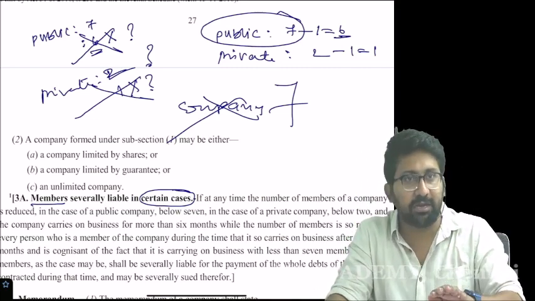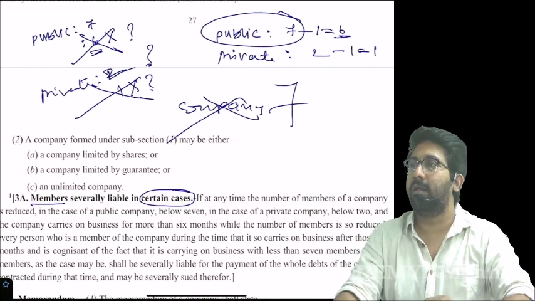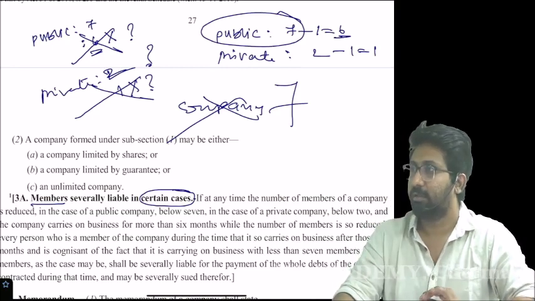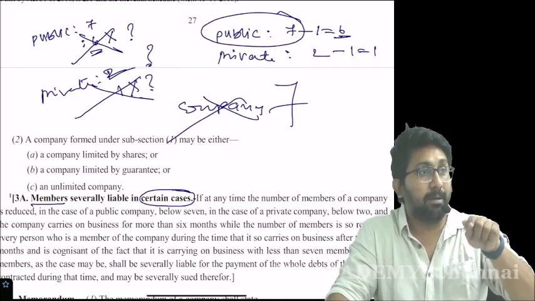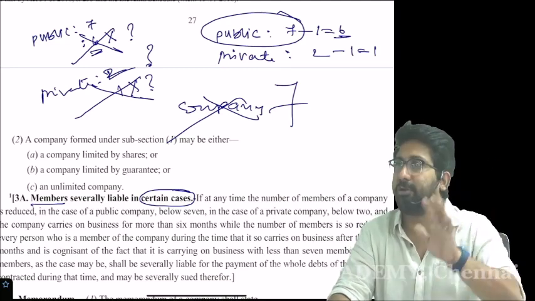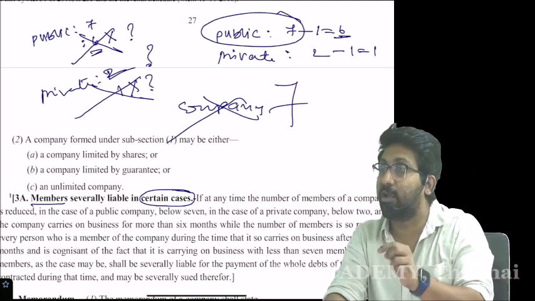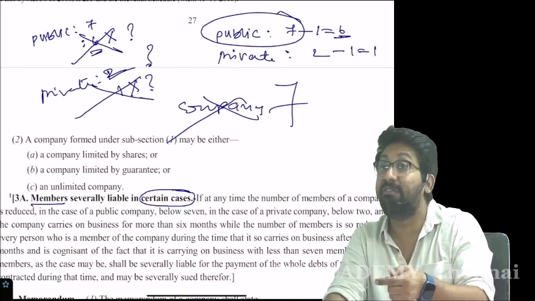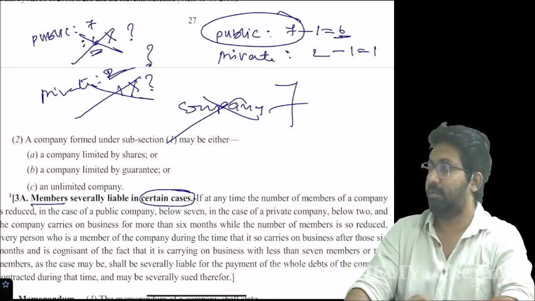If you do something, you will become liable on an unlimited basis. Who? The members who act while the number has fallen below the statutory minimum. They are acting on behalf of an invalid entity.